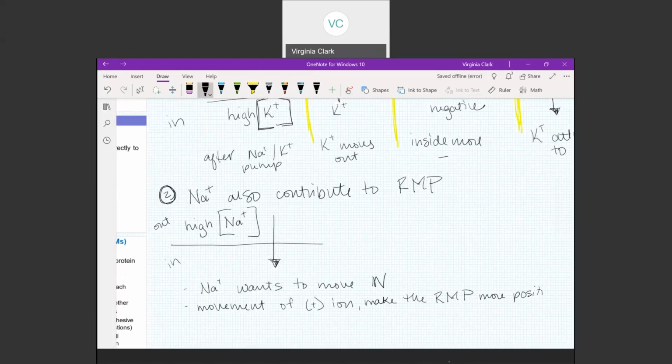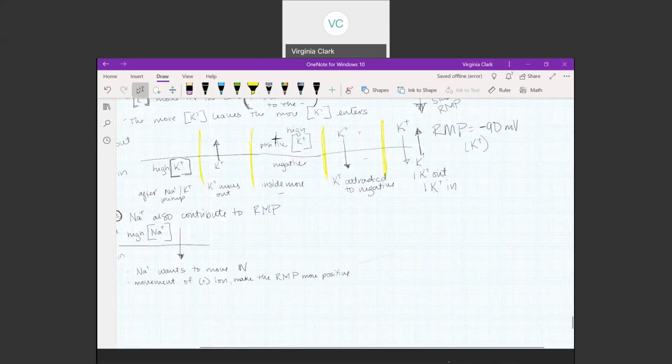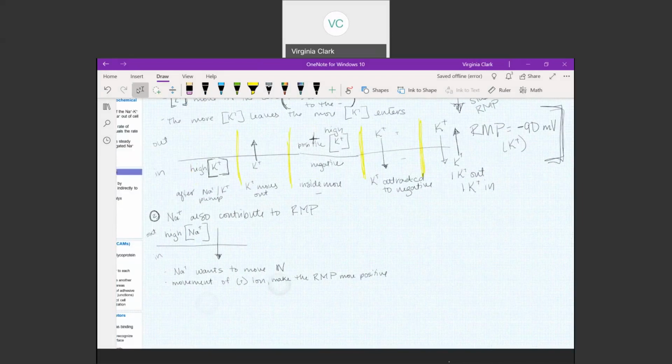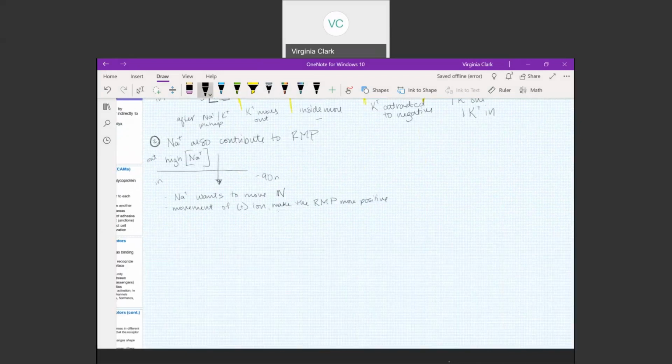What I mean is we just said that potassium set the resting membrane potential at negative 90. Inside this plasma membrane, we are at negative 90 millivolts. We are adding positive ions, so it is becoming closer to 0. It's going to become more positive.